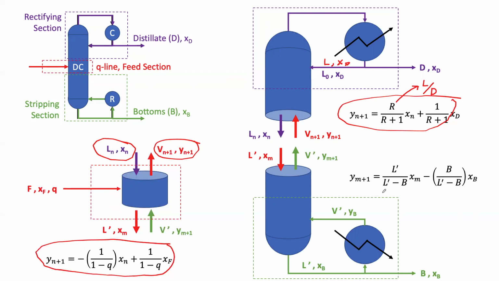And down here you have your equation for your stripping line, and that follows your bottoms coming out down there, and then your L prime coming in.